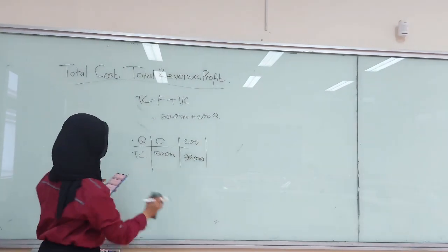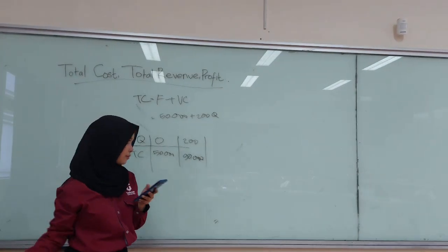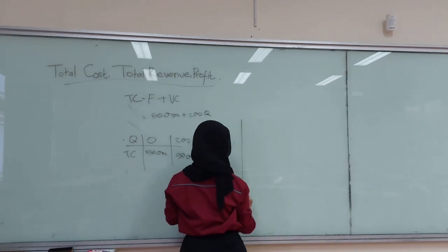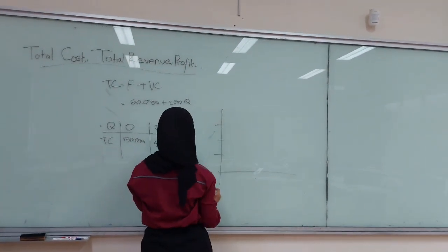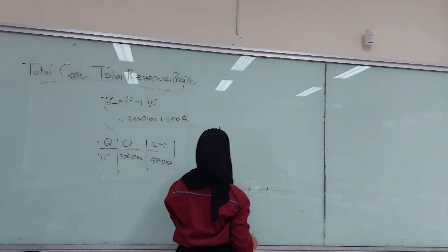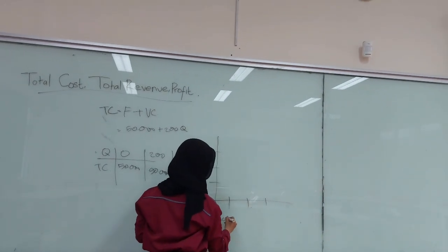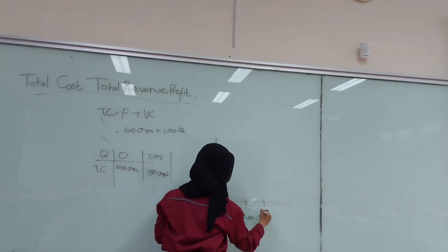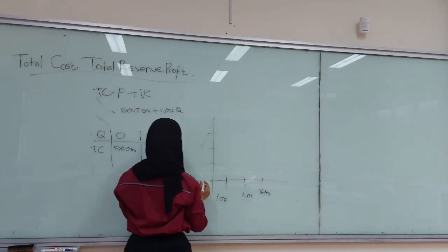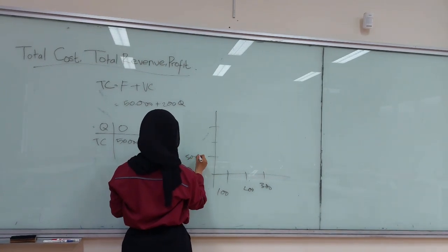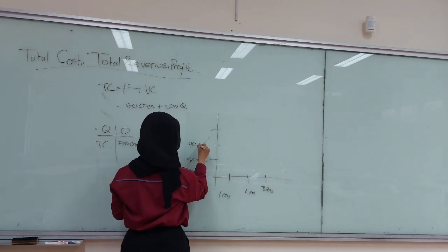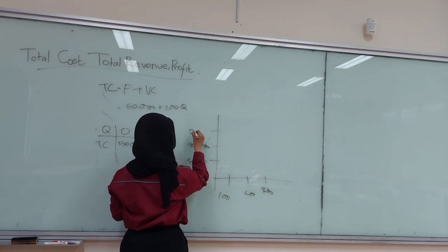Now we're going to make the curve. This is 100, 200, 300, and this is 50, 70, and 90.